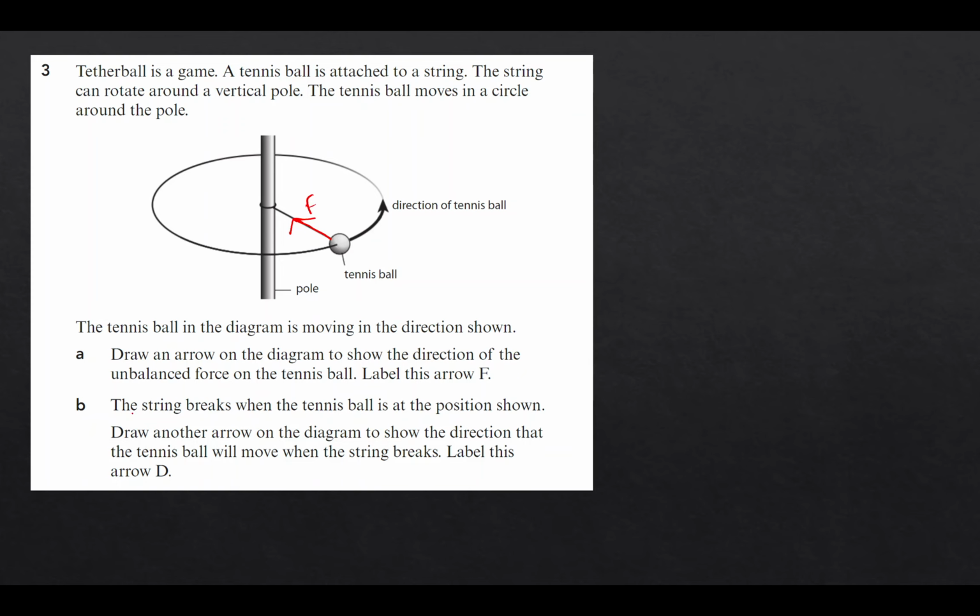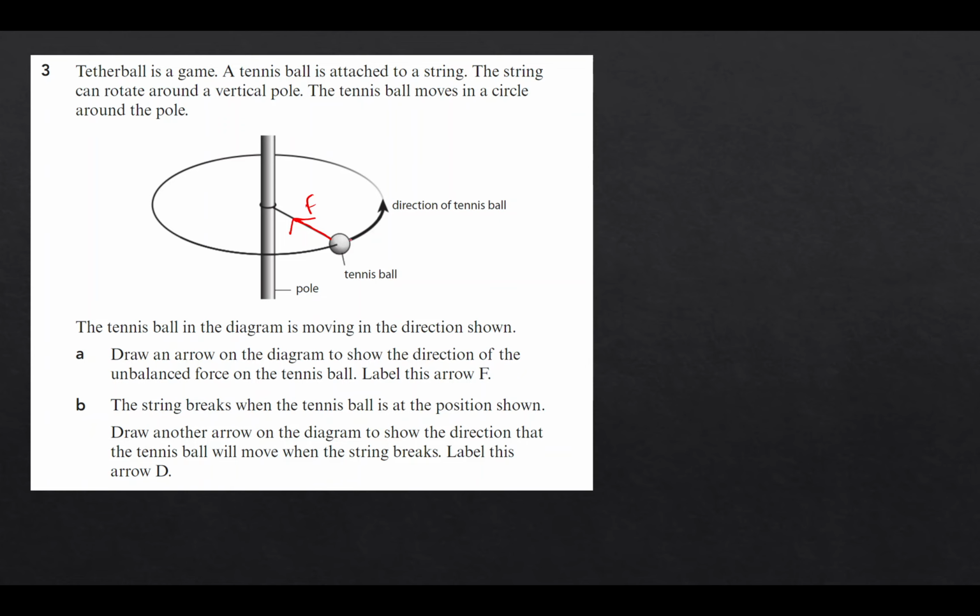Let's look at the B question. The string breaks when the tennis ball is at the position shown. Draw another arrow on the diagram to show the direction that the tennis ball will move when the string breaks. Label this arrow D. Now let's say for some reason the string breaks and we know an object wants to go in a straight line.